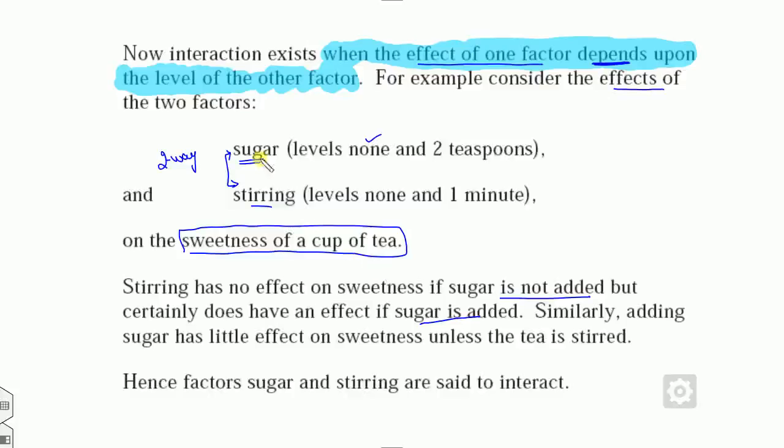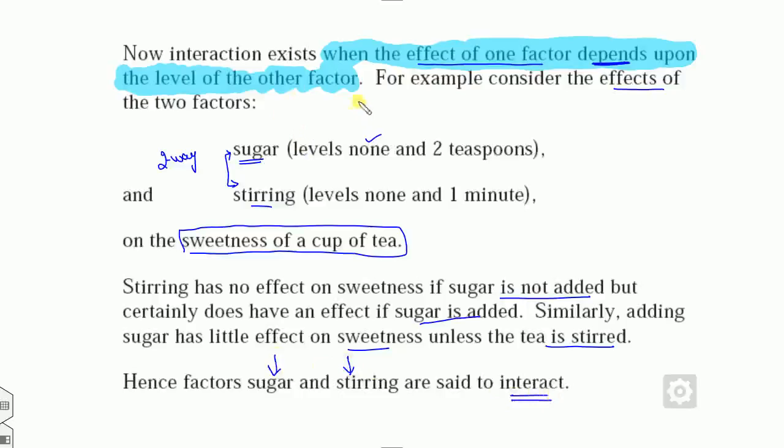Once you add sugar, either half, 1, 2 or 3 teaspoons, then stirring definitely has an effect on the sweetness of the tea. Similarly, adding the sugar has little effect on the sweetness unless the tea is stirred. So the factors sugar and stirring are said to interact, that is, they are dependent on each other.